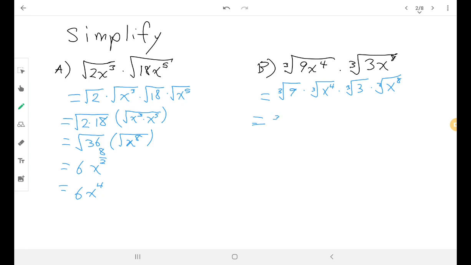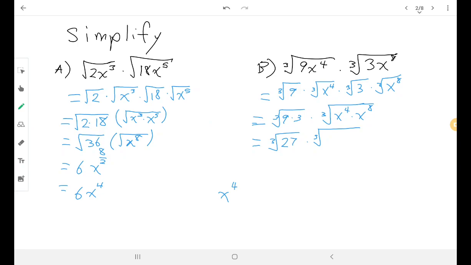So that'll be the cube root of 9 times 3 times the cube root, and I can do the same with the variables, x to the 4th times x to the 8th. So that's the cube root of 27. 9 times 3 is 27. Times the cube root of x to the 4th times x to the 8th.